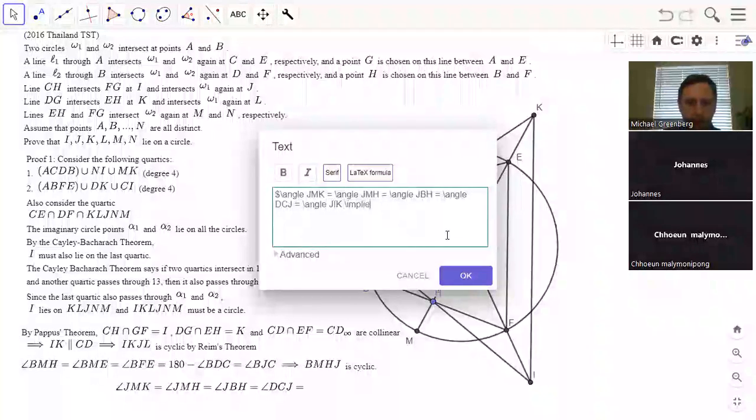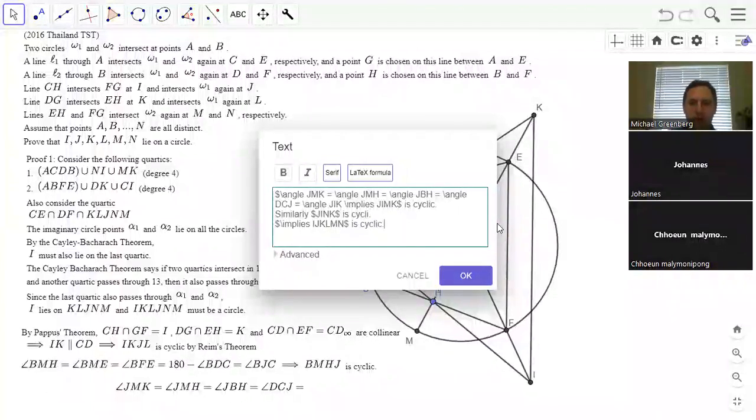And that means that JIMK is cyclic. Similarly, JINK is cyclic. And that implies that IJKLMN is cyclic.